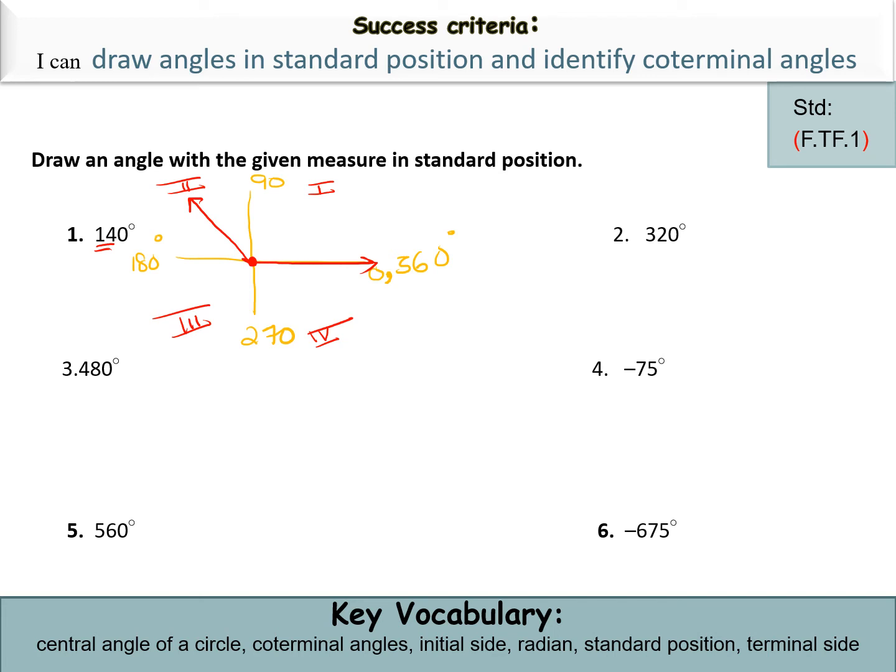Now how do we show this with the help of an arrow? You just move in the anti-clockwise direction, because it is 140 degrees. Let's try to make 320 degrees. So we have here 0 and 360 degrees, here 90, here 180 and here 270 degrees.